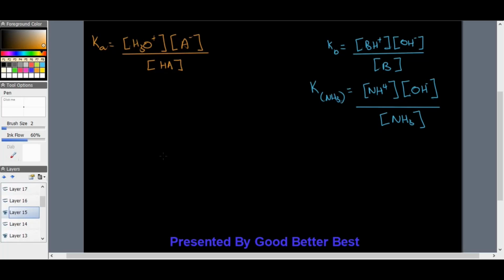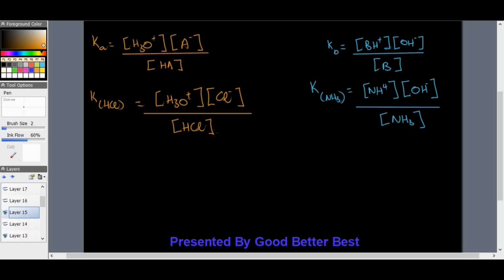What we do then is we have the K, or the ionization constant of HCl, equal to the concentration of hydronium, H3O plus, multiplied by the Cl minus ion, all divided by the concentration of hydrochloric acid, and that's what we get.